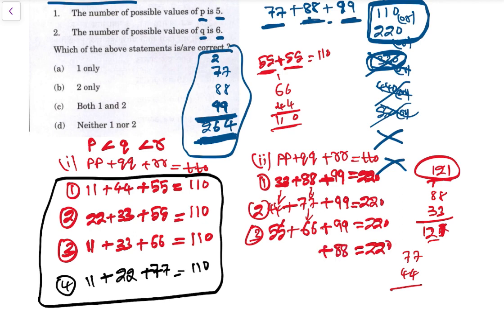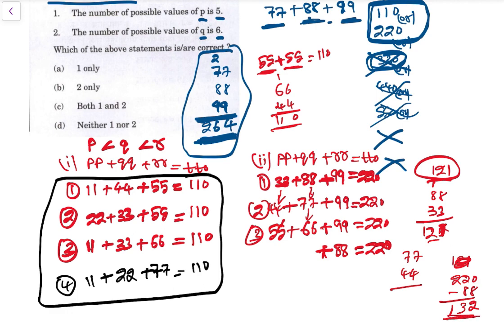With 88 here, the remaining has to be 132, sorry, 220 minus 88, so 10 minus 8 is 2, then 11 minus 8 is 3, and 132 we have to get.